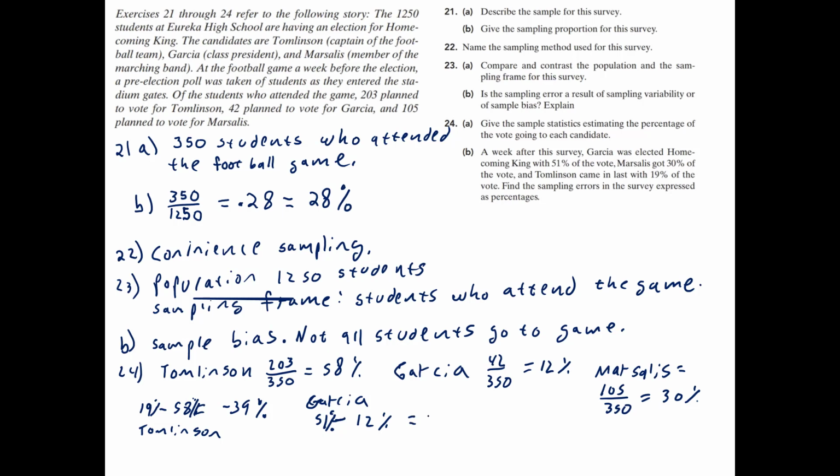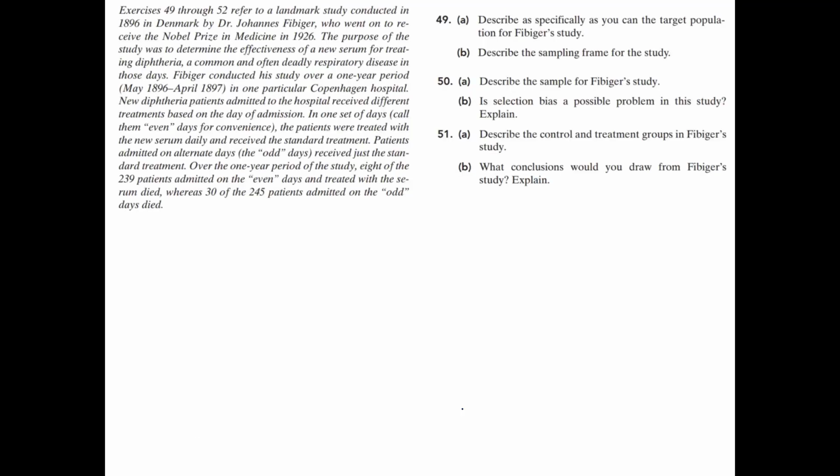So that gives an error of 39%. We were off by 39%. And for Marcellus, we were dead on. Okay.